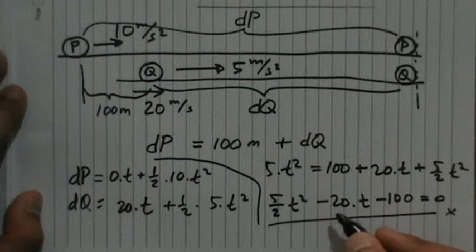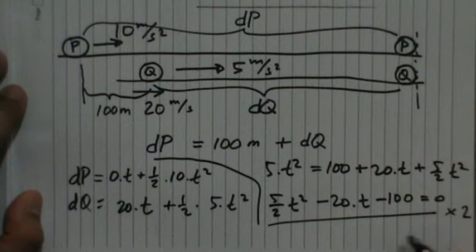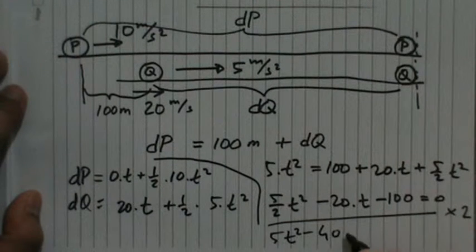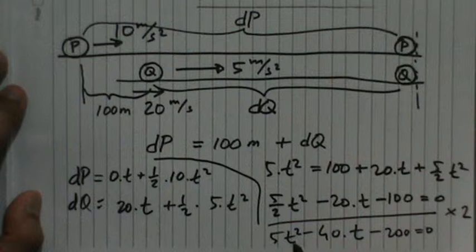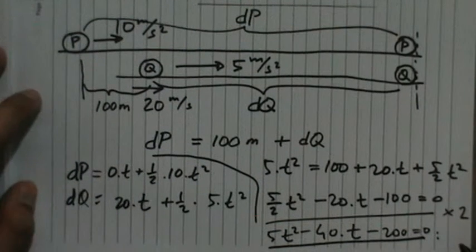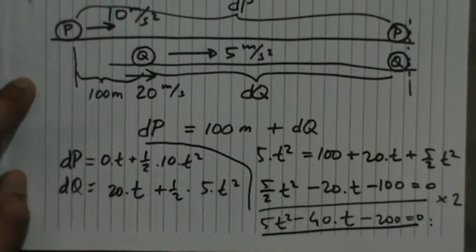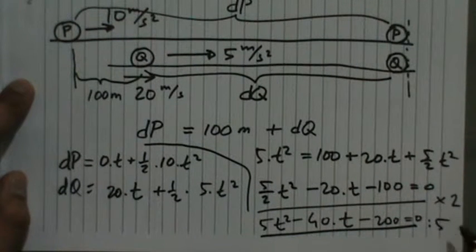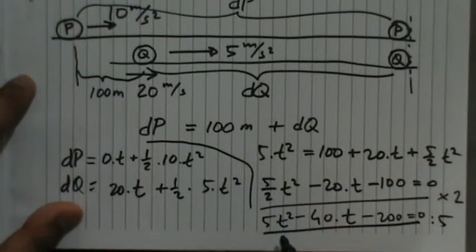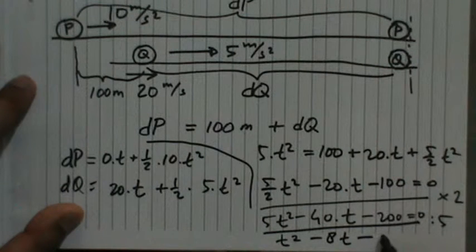Now I will multiply by 2 so that we get 5 times t squared minus and I will divide this by 5, so I get t squared minus 8 times t minus 40 is equal to 0.